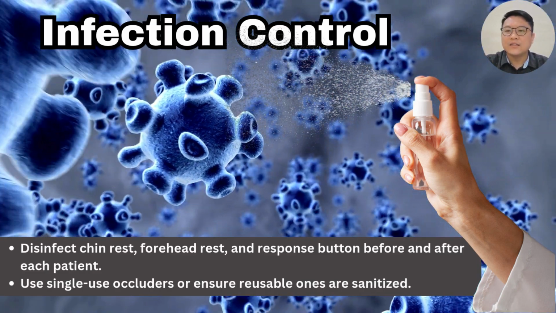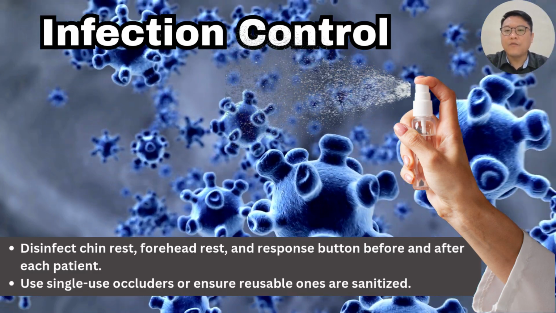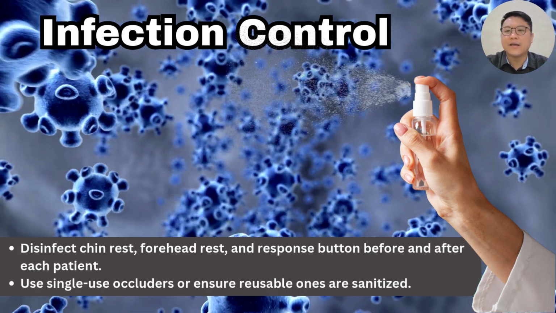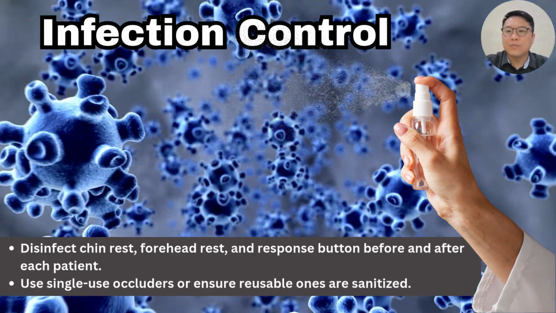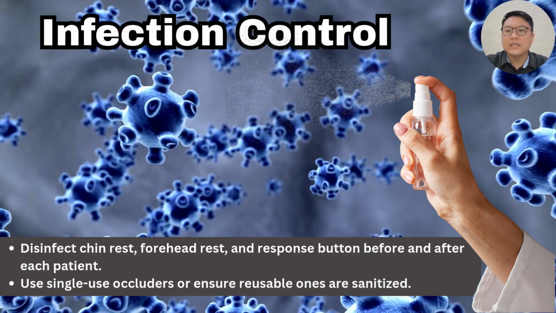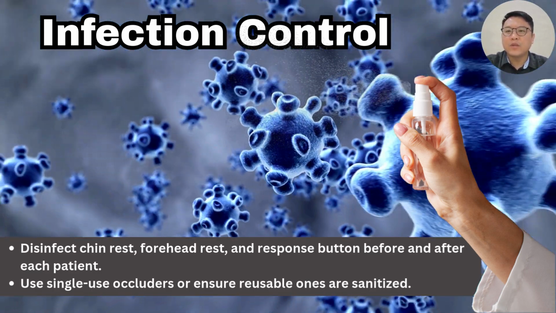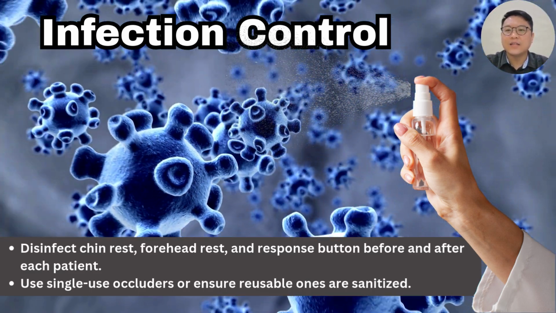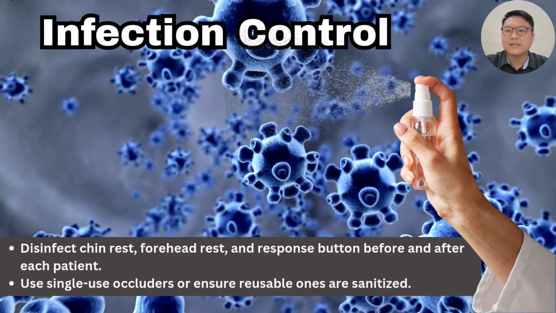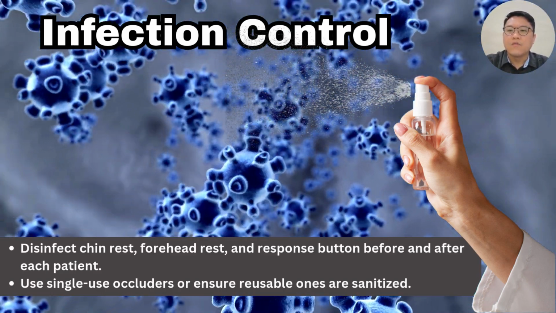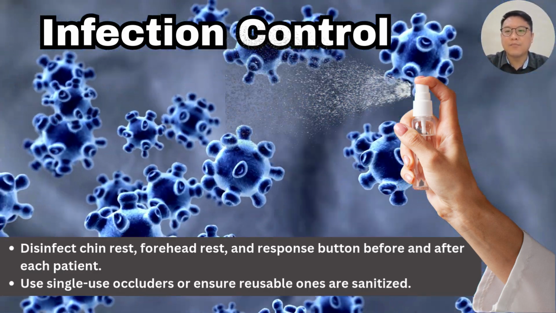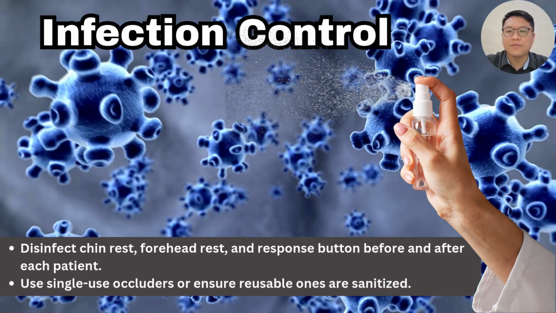Always use a sanitized occluder or a fresh disposable eye patch to cover the non-tested eye. If reusable accessories are used, disinfect them thoroughly between patients. All staff should wash or sanitize their hands before and after assisting each patient. Following these measures ensures a safe testing environment and protects both patient and staff.